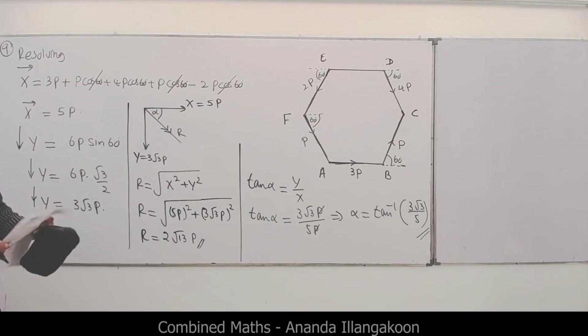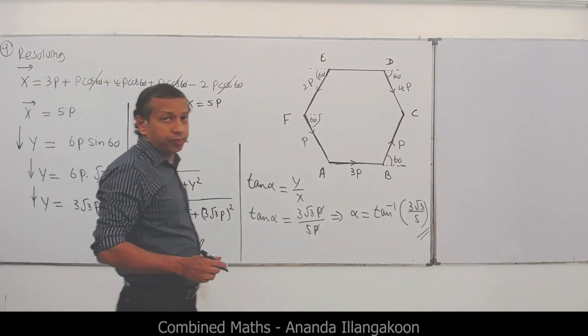Right. Now the next part. Two forces alpha and beta are added to the system along BF and BE, in the directions of the order of the letters. If the system of forces is in equilibrium, find alpha and beta. Now people, we can think of it like this.